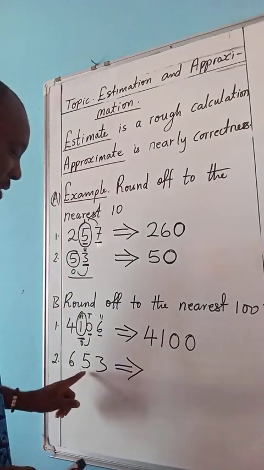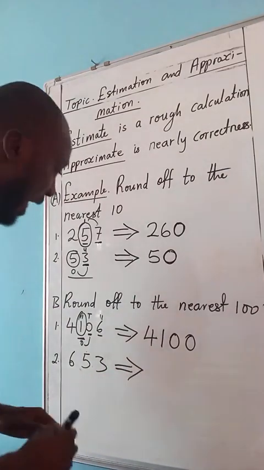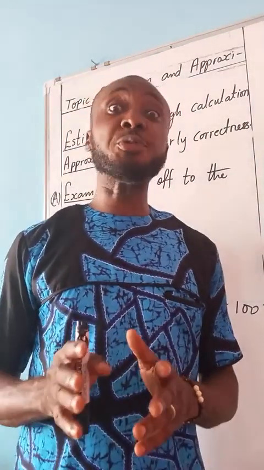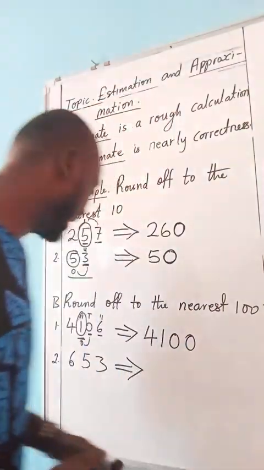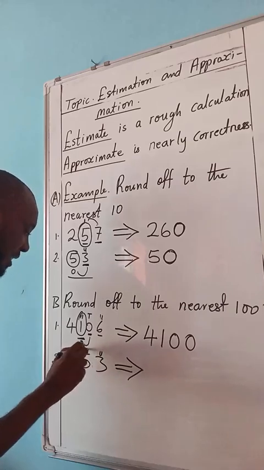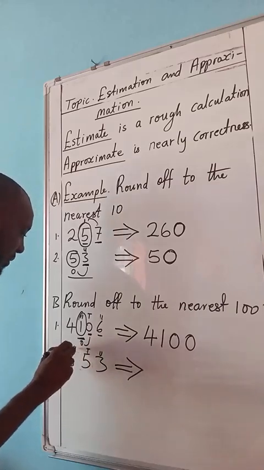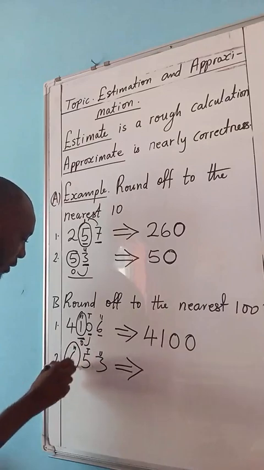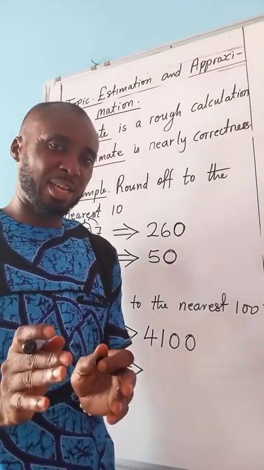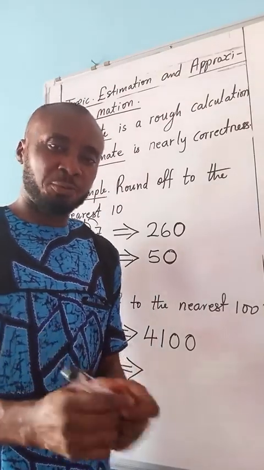We have 653. Now we are changing it. We are rounding it off to the nearest 100. Now if you are rounding it off to the nearest 100, we have here as units, we have here as tens, we have here as 100. So this is the one we are rounding off. Now this is our determinant factor, the number that is the closest to the number we are rounding off.